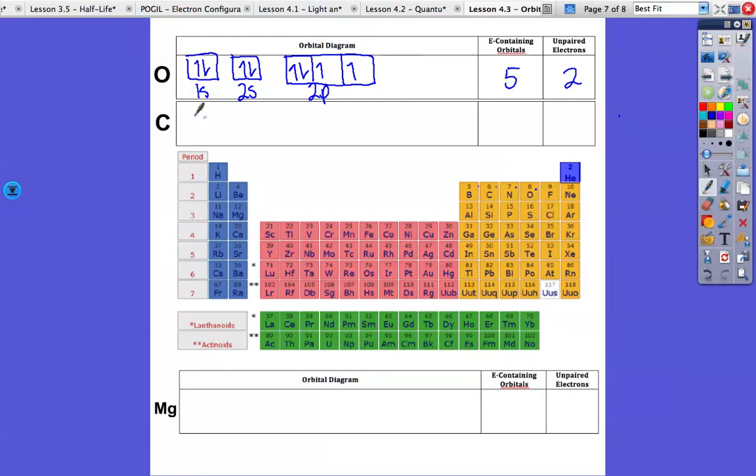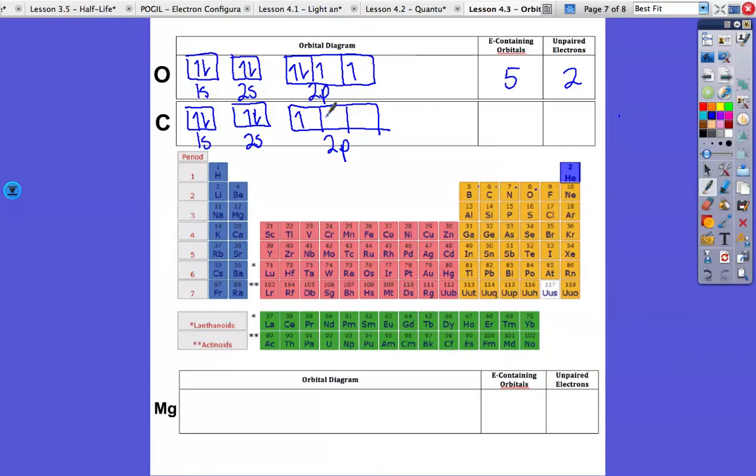To get to carbon, we're going to start off at 1s. We've got to go through hydrogen and helium, so 2 electrons there. Then we go to the second energy level, S sublevel, lithium and beryllium. And then to get to carbon, we need 2 electrons in the 2p.